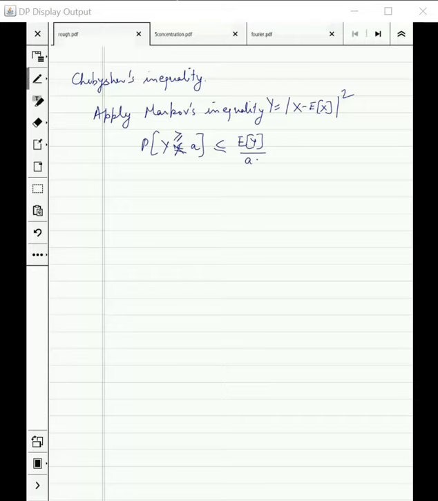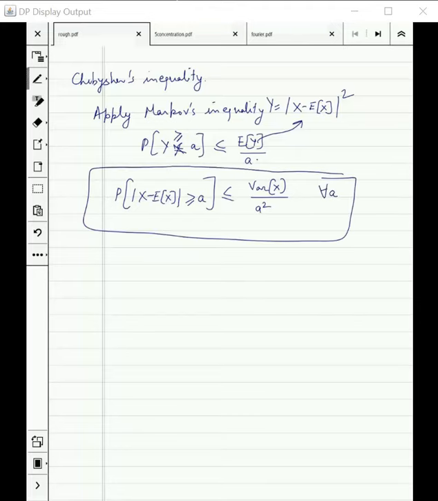And now substituting Y to be this quantity, you will get Chebyshev's inequality, which says the probability of |X minus E[X]| greater than or equal to a, so we are very far away from E[X], is bounded by the variance of X divided by a square. So whatever be X, remember Y is always a positive random variable, so we can apply Markov's inequality, and this will give this. A complete proof is an assignment.